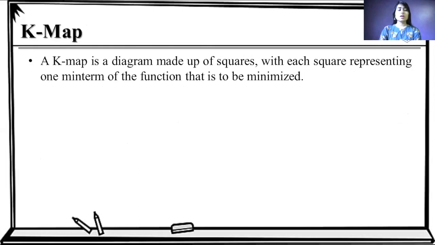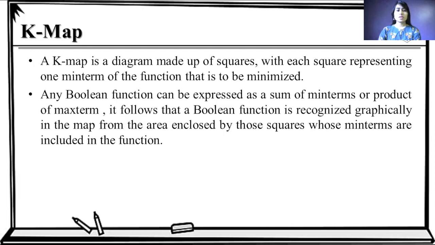K-map. A K-map is a diagram made of a square with each square representing one minterm of the function that is to be minimized. Any Boolean function can be expressed as a sum of minterm or product of maxterm. It follows that a Boolean function is recognized graphically in the map from the area enclosed by those squares whose minterms are included in the function.